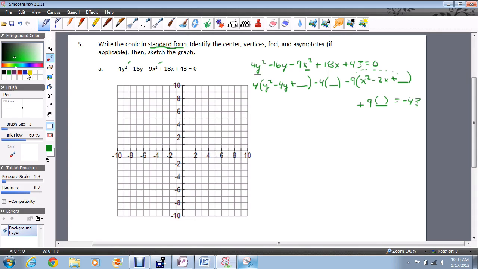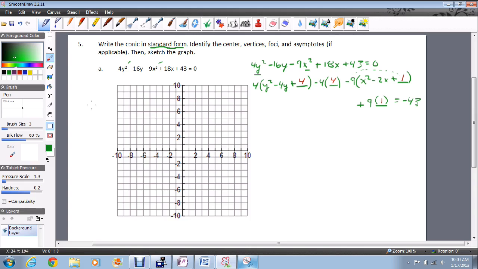So now I'm going to go ahead and fill in my blanks for completing the square. I take half of the middle number, so half of negative 4 is negative 2, then I square it. Negative 2 squared is 4. Half of the middle number again is negative 1. Negative 1 squared is just 1.